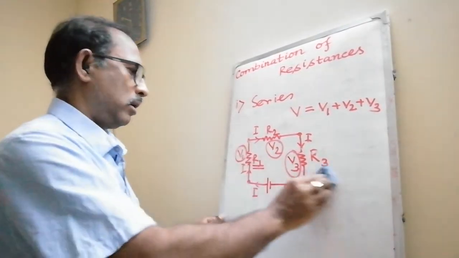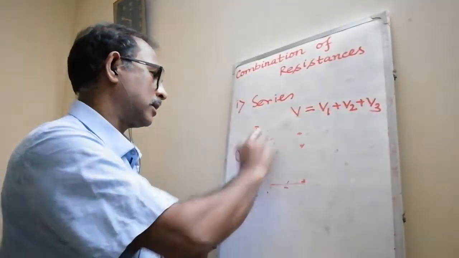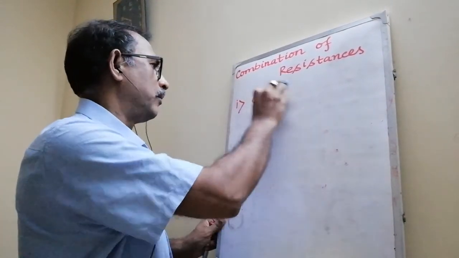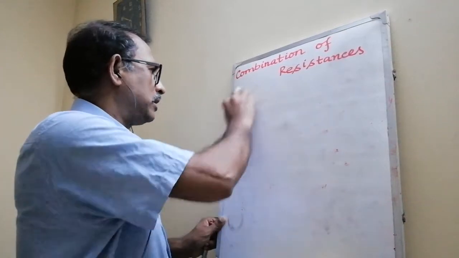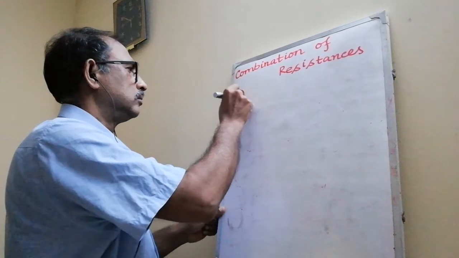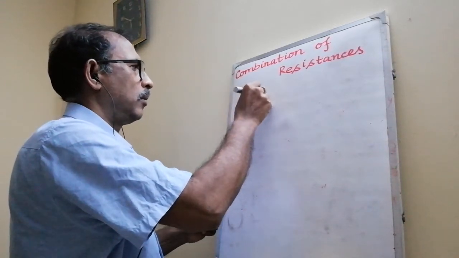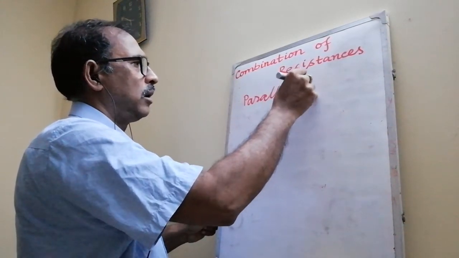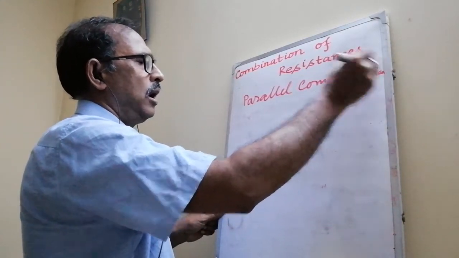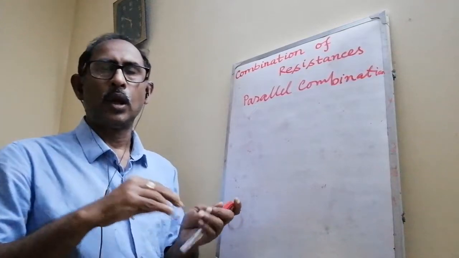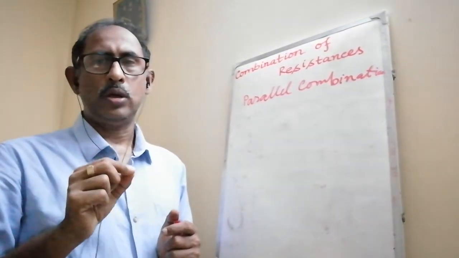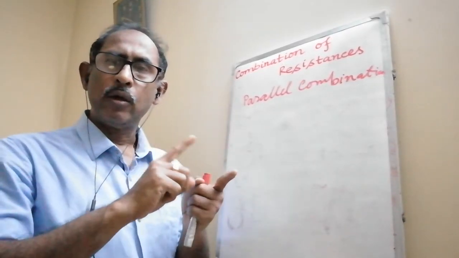Now take the other combination, which is known as parallel combination. What is the parallel combination? Here one end of each resistor is connected at one point.